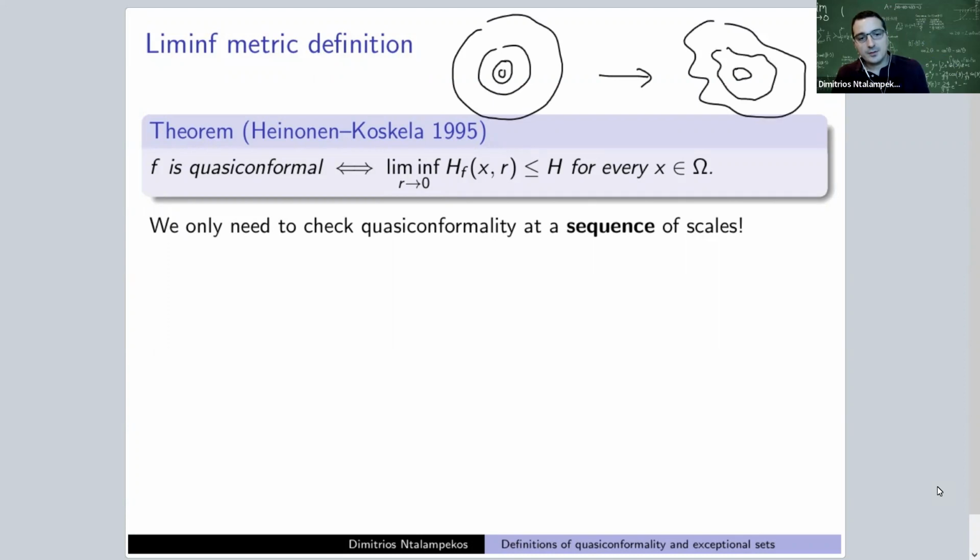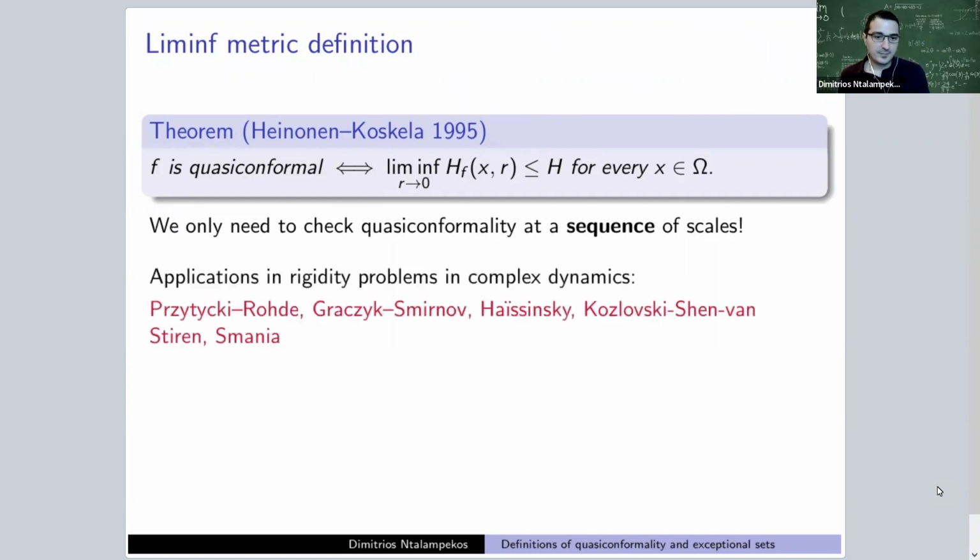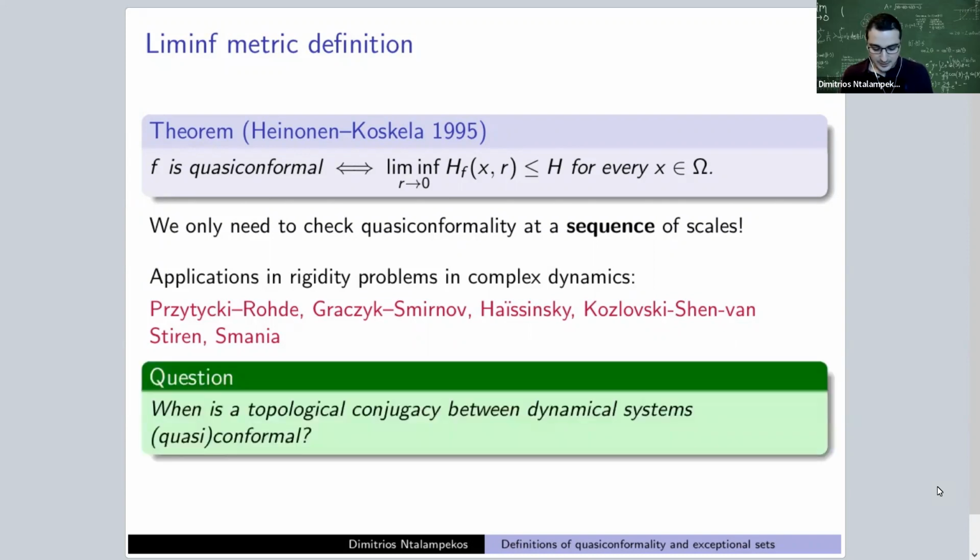Now, this theorem found many applications in rigidity problems in complex dynamics. Here I just cite some works. And what do we mean by rigidity problem? One of the big open problems in dynamics is, in general, to understand when we can upgrade the topological conjugacy between dynamical systems to a quasiconformal conjugacy.